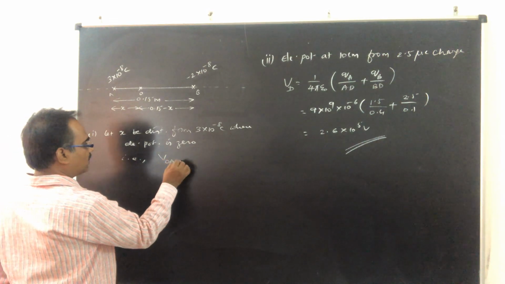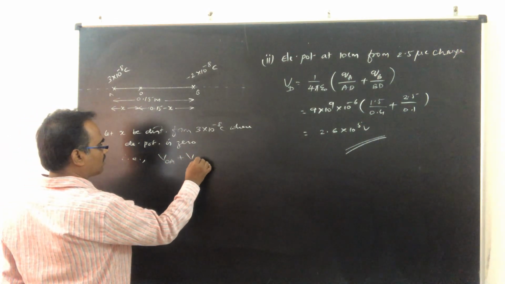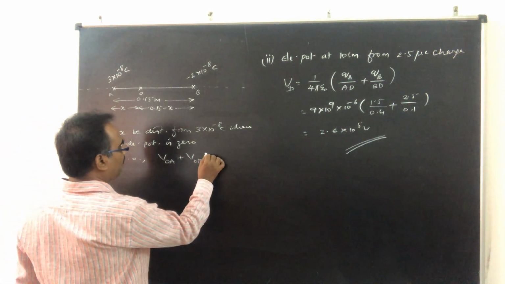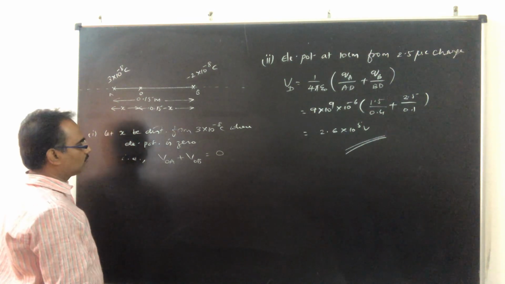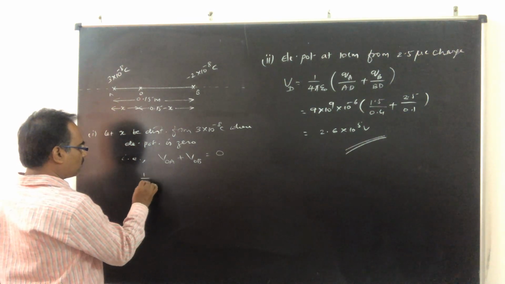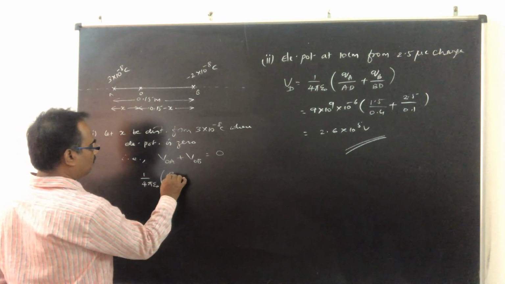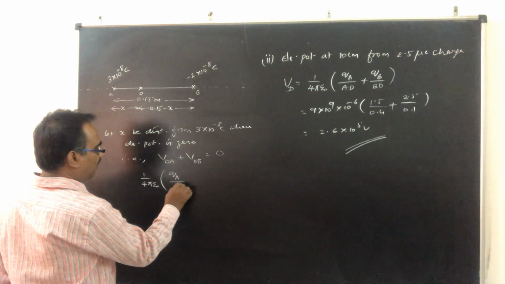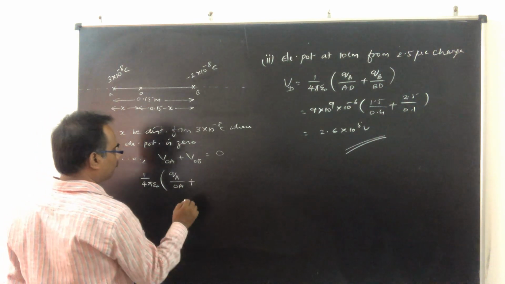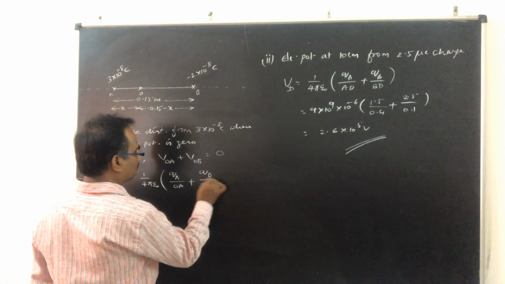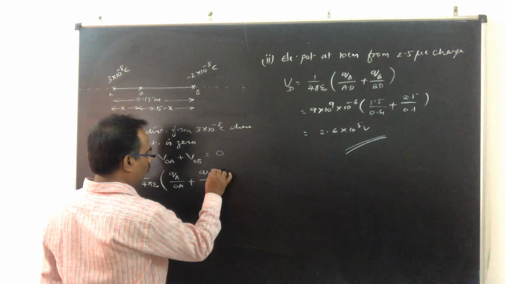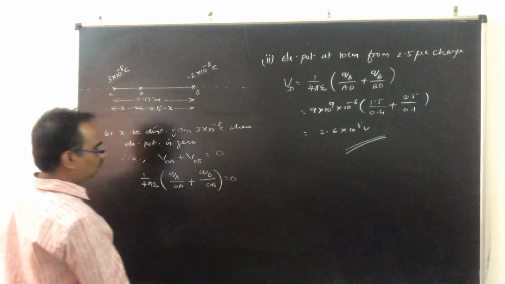potential at O due to the charge at A plus potential at O due to the charge at B is equal to 0. That means 1 by 4 pi epsilon naught, charge at A divided by OA plus charge at B divided by OB, is equal to 0.